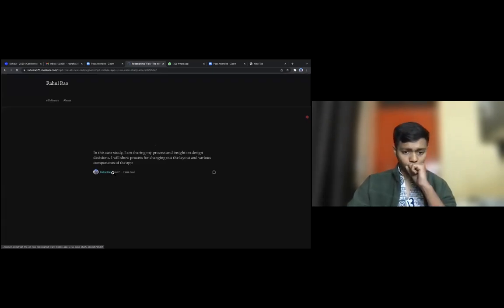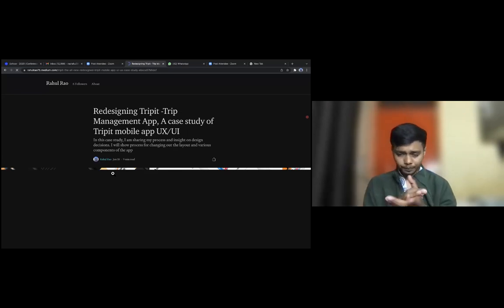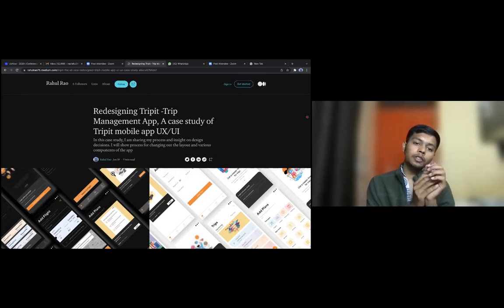I'll share a point with you: if you are trying to redesign an app, say Instagram, do you know how big a team Instagram has? I'd guess they have a minimum of 400 or 500 designers for the whole world, different regions, different languages and all.